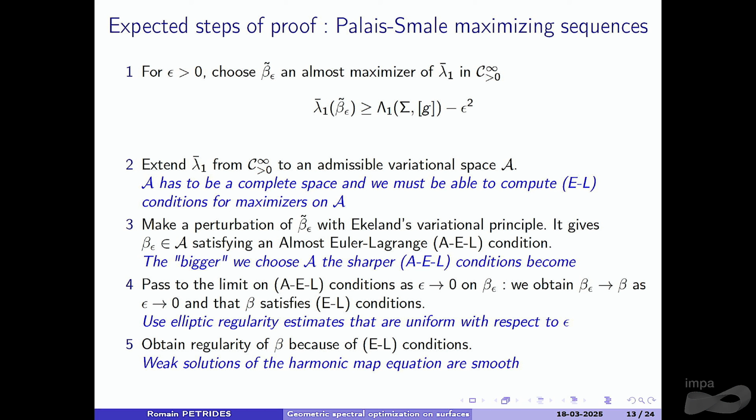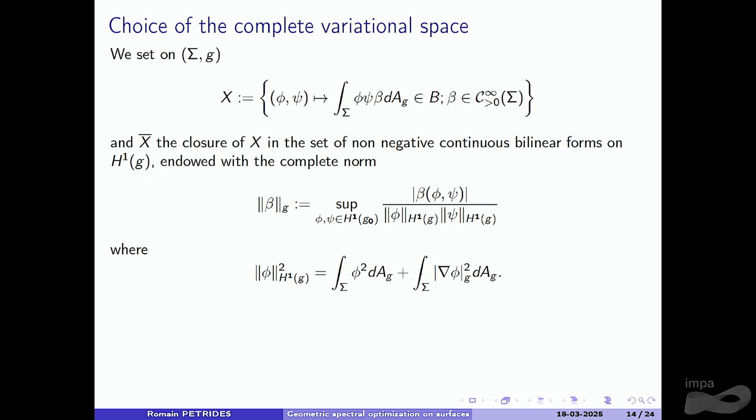So that's what I would like to apply. And I finally found the very adapted complete variational space for this problem. So, okay, it's technical and just specific to eigenvalues, so maybe I can go fast on these parts.